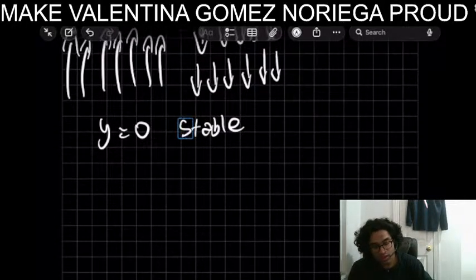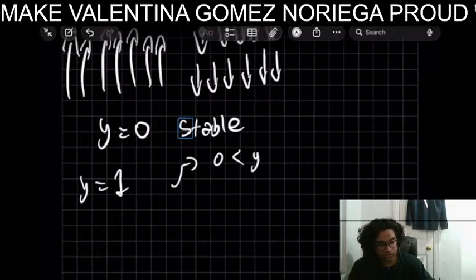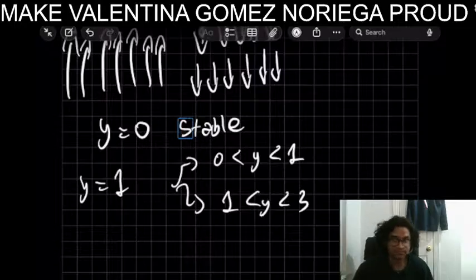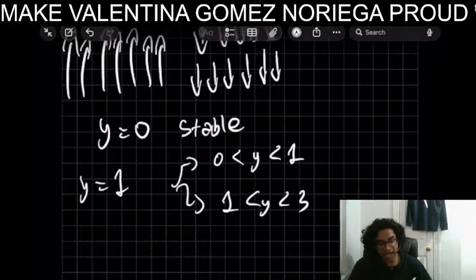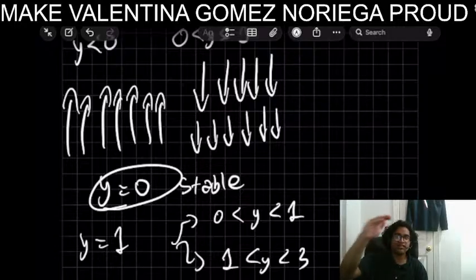Y is equal to 1, I'm going to have two things: 0, y1 and 1, y3. Now 0, y1, which is the below part, right? The above for the previous one is the below for the next one.